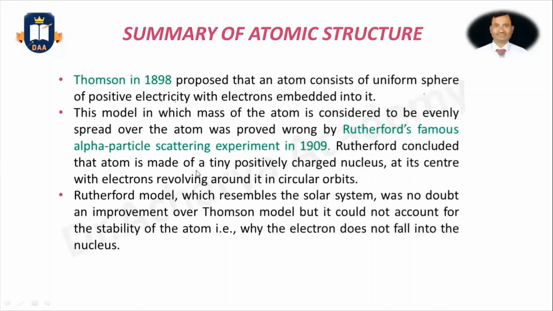Rutherford concluded that the atom is made of a tiny positively charged nucleus at its center with electrons revolving around it in circular orbits. In this Rutherford model, the structure of the atom resembles the solar system.